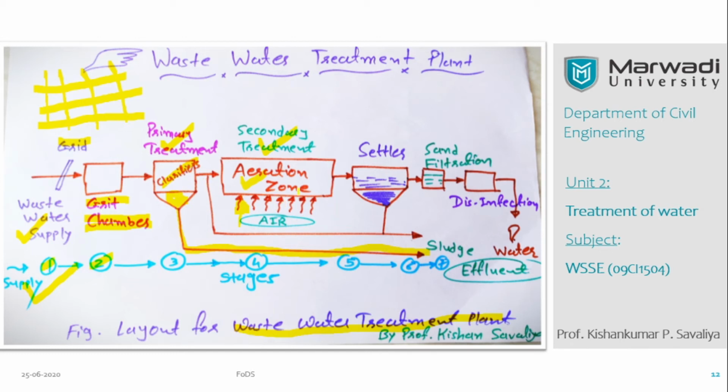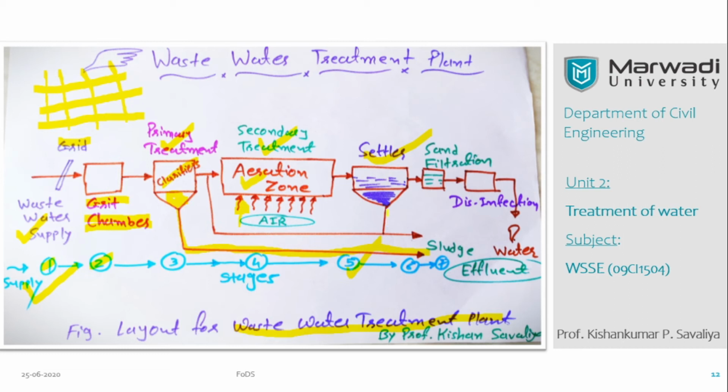That is the job of the aeration zone. Further we take the wastewater to the settler, which is stage number 5. We allow it to settle for a few hours, let us say 5 or 6 hours.